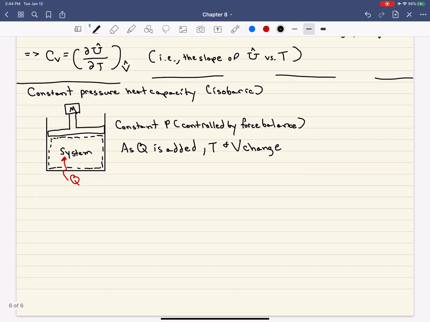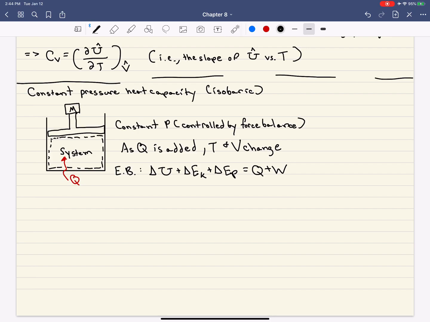Once again, let's evaluate the energy balance for this situation. We have delta U plus delta EK plus delta EP is equal to Q plus W.